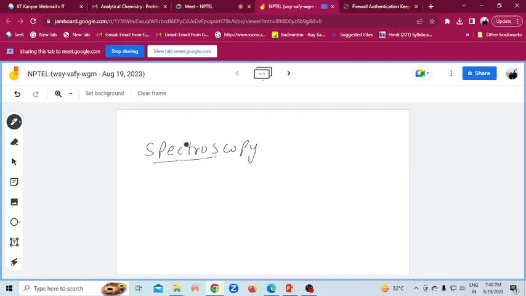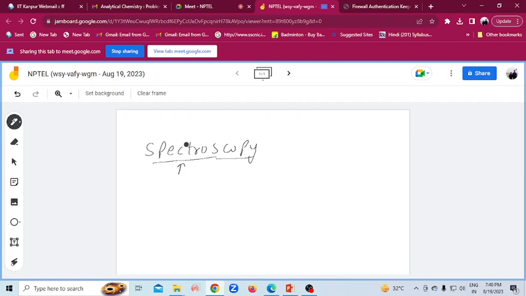Generally it means that we are dealing with some radiation. Spectroscopy includes all electromagnetic radiation: IR, visible, UV, all these things. So spectroscopy is measurement based on light and other forms of electromagnetic radiation.